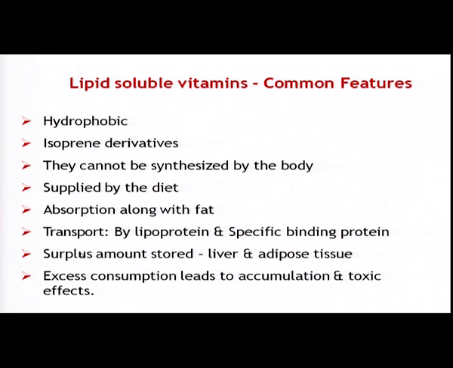Now, whenever we take a diet rich in these lipid soluble vitamins, you find all this excess of vitamins is stored in essential organs, primarily the liver and adipose tissue. The liver is a principal organ, not only in derivatizing these vitamins, that is, acting upon them, breaking them down and eliminating them, but it is also an excellent source for storage.